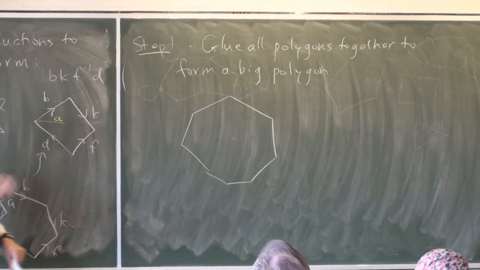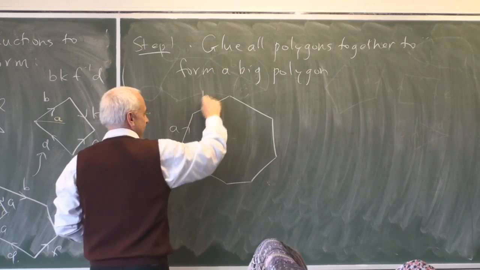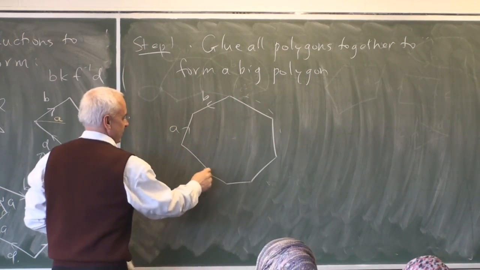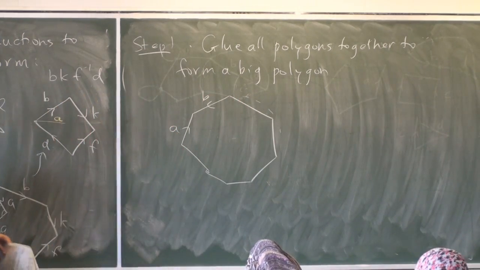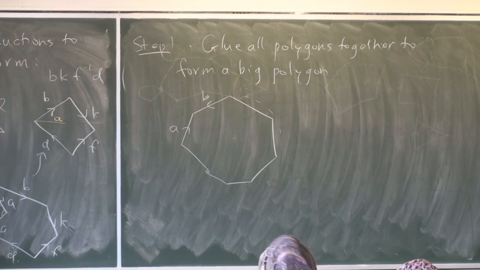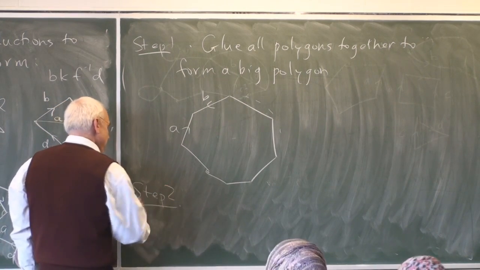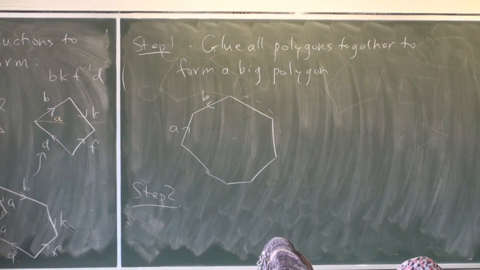Okay? So at the end of that process, we have all of our constituents arranged in some big polygon with lots of edges, each edge appearing twice. Then our second step is to modify that so that there's only one vertex.